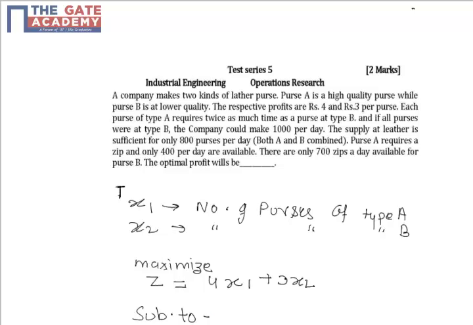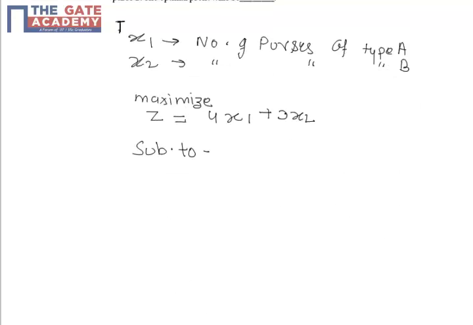So purse A requires twice the time, so the constraint is 2x1 plus x2 should be less than or equal to 1000. It means if only type B purses are there, then x1 value is 0, and x2 is less than or equal to 1000. This is the first constraint.